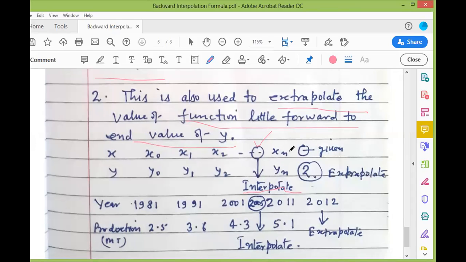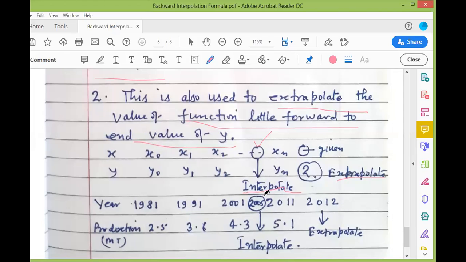Similarly, now a new argument is given here. It is a little bit later than xn, a little bit forward from xn. For this value of x, we need to estimate or compute the value of the function, and this procedure is called extrapolation. Here we have 1981, 1991, 2001, 2011, and 2012.